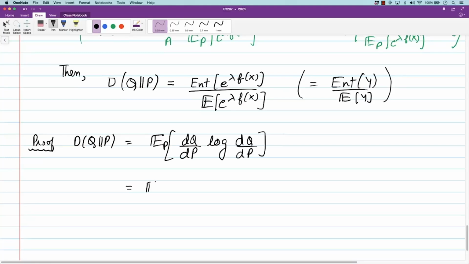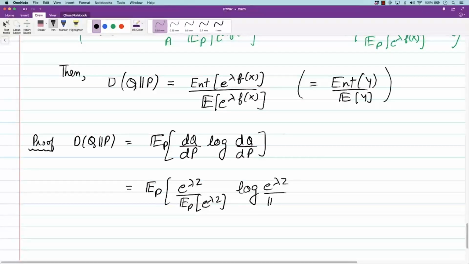This is equal to the expected value under p. This is just by definition, e to the power lambda z, where z is f(x), divided by the expected value of e to the power lambda z, times the log of e to the power lambda z over the expected value of e to the power lambda z.